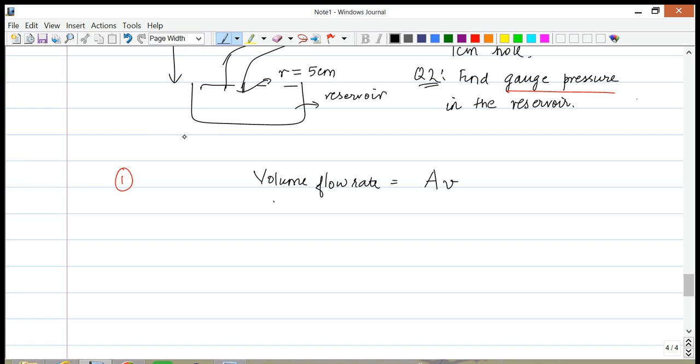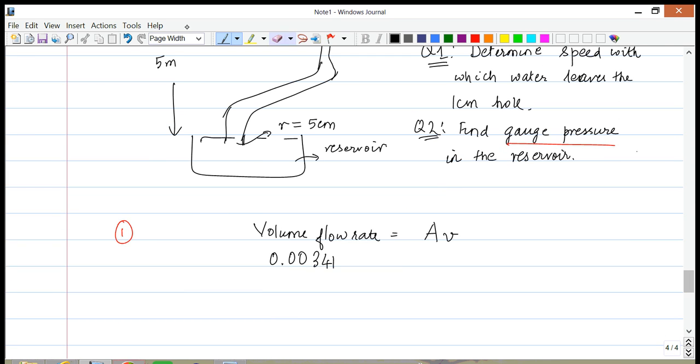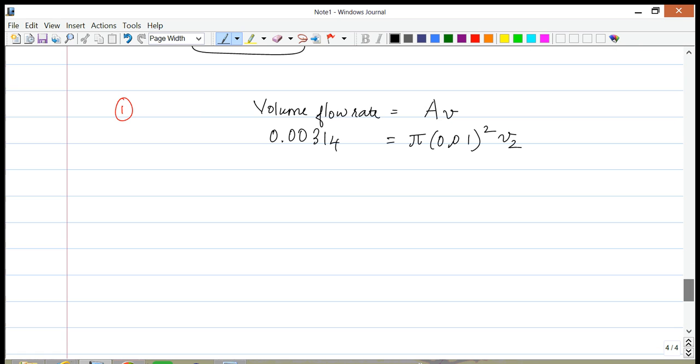Since this has been given as 0.00314, we know this is equal to pi times 0.01 squared times v. Let's just call this v2 because this is going to be the v2 for the thing. If you calculate this correctly, you'll get v2 being equal to 10 meters per second. We'll take pi to be 3.14 here.